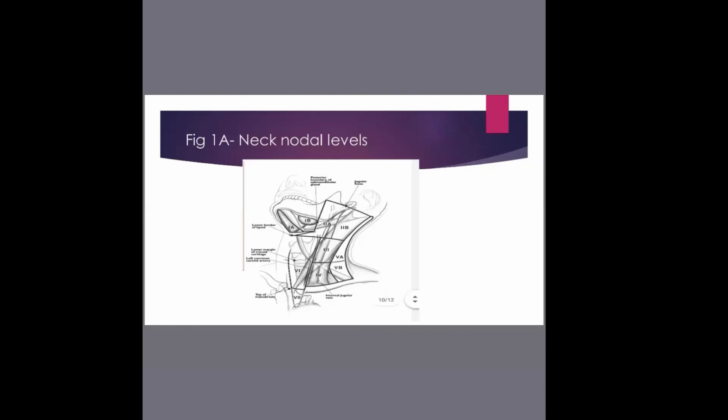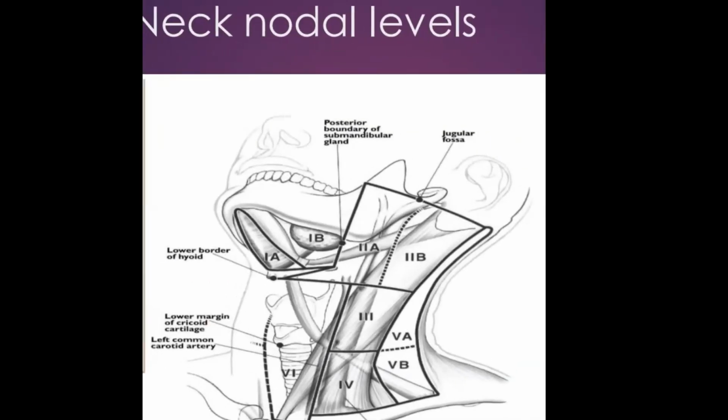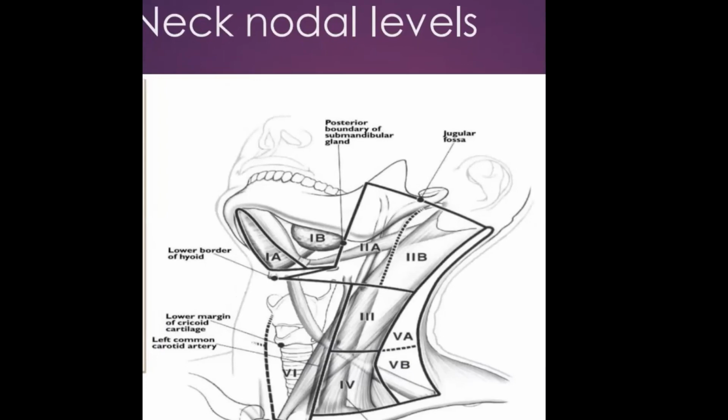So if you look at figure 1A, it's more like a summary of the levels of the neck. I'm going to summarize again, as I've said earlier: anything around the submental region is level 1A. Then lateral to that submental region before the mandible is 1B. And 1B is very close to the submandibular gland, the medial aspect of the submandibular gland.